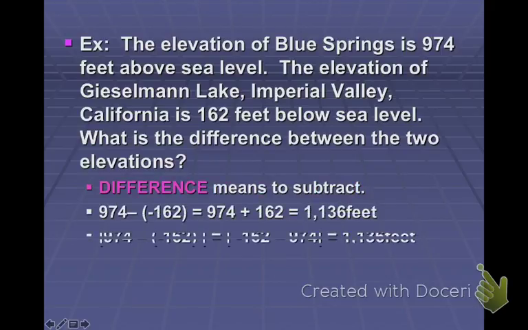Well, when we subtracted that negative 162, that was below the surface, those two negatives, what did it do? It changed it to an addition problem, basically. Even though it's still difference and it's still subtraction, where some of you got caught was that you didn't pay attention that it said below sea level.